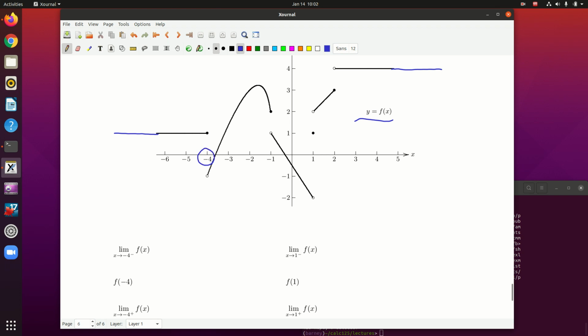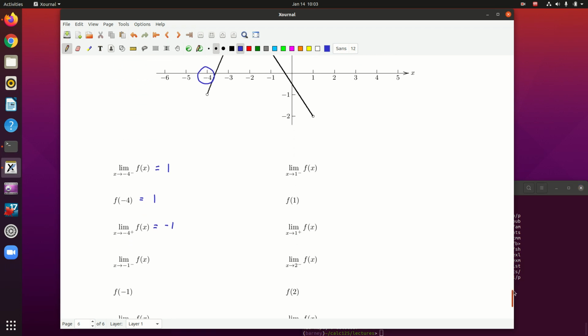If you come from the left, -4 from the left, you get 1. If you plug in -4, you get 1. If you come at it from the other side, you're getting -1. Is everybody okay with that?